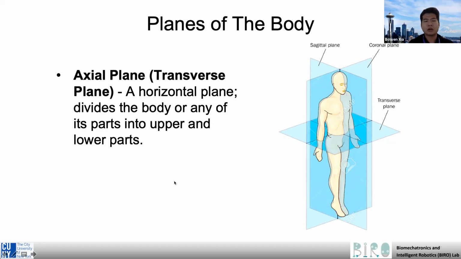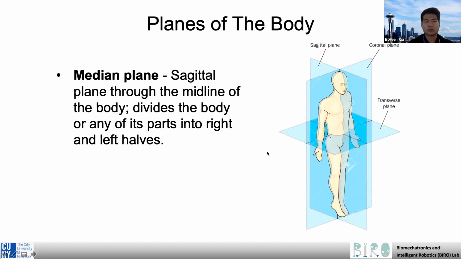The axial plane, or sometimes we call it the transverse plane, is a horizontal plane dividing the body or any of its parts into upper and lower parts. And the median plane is the sagittal plane through the middle line of the body, dividing the body or any of its parts into right and left halves.